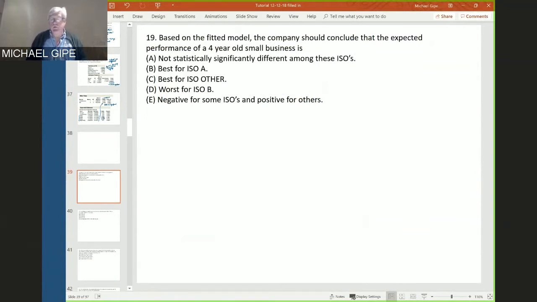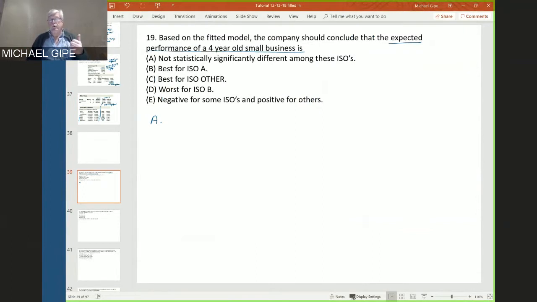Based on the fitted model, the company should conclude the expected performance of a 4-year-old small business is what? So what are we doing here? We're taking a look at an example small business, 4 years old. So how about A? Is it not statistically significantly different among these ISOs?